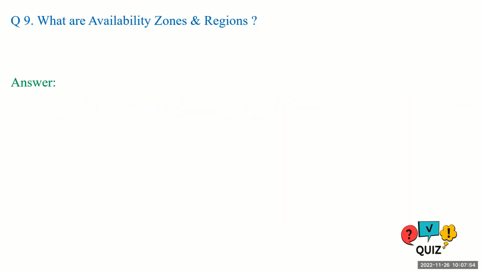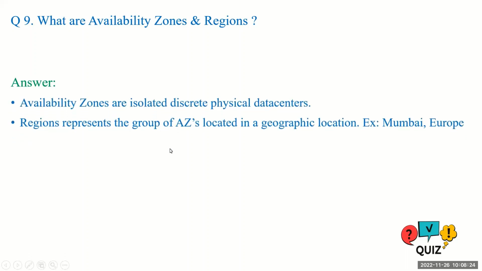What are availability zones and regions? Multiple locations clubbed together is an availability zone. And single region will have multiple availability zones. Okay, you just reversed the answers. Availability zones are isolated, discrete physical data centers.